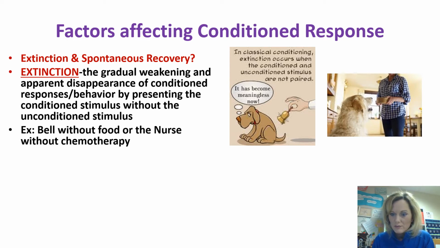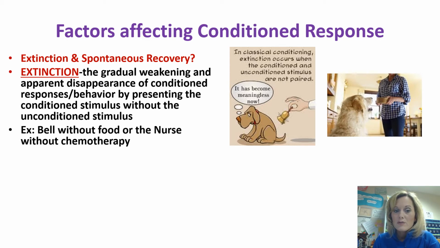That's something natural, all right? So the unconditioned stimulus is the chemo, and the unconditioned response is nausea. A nurse who's familiar with the patient can then be paired and cause that sickness to happen just by looking at the nurse, because the nurse has been paired with the chemotherapy as a conditioned stimulus.